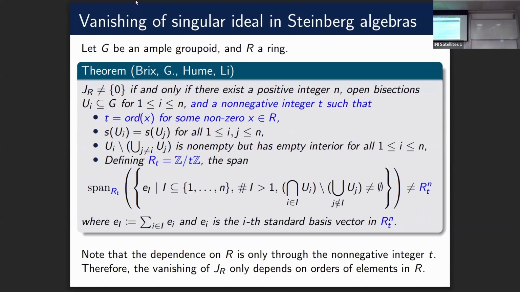Then finally, this vanishing condition only actually depends on the orders of elements in R. So we also recover previous results, which say that if R is a field, all you need to check is its characteristic. Okay, that's all I have to say.